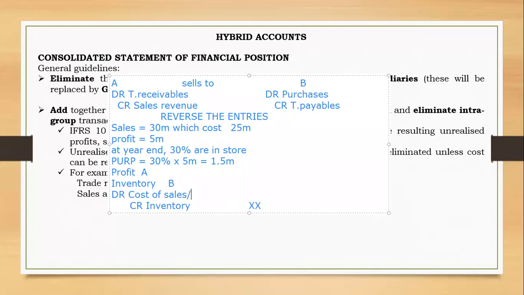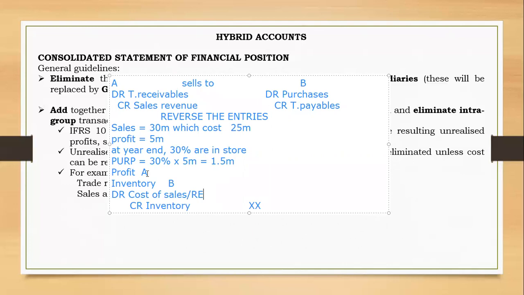Now, suppose we are dealing with the statement of financial position, as we have just spoken of above. What would you have done? If you debit cost of sales, that means you reduce the profit. Profit usually goes to retained earnings. So this one should go to retained earnings, just like this. So in the equity section of the statement of financial position, it would go to retained earnings. Now, remember one thing, I told you that consolidation is all about purchasing equity.